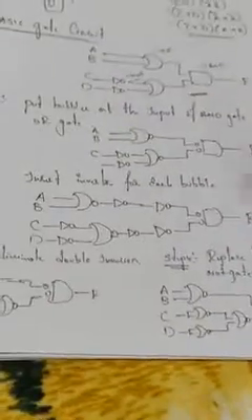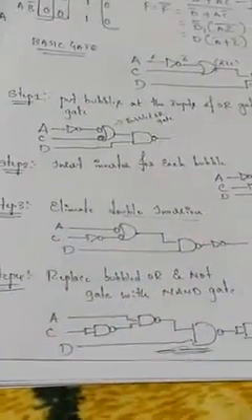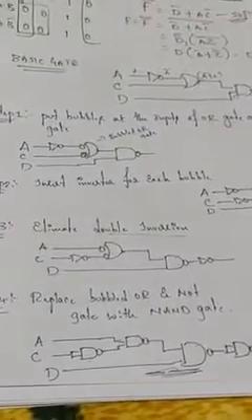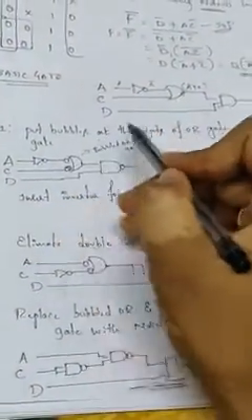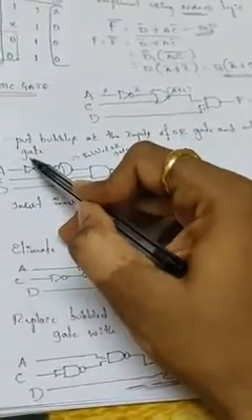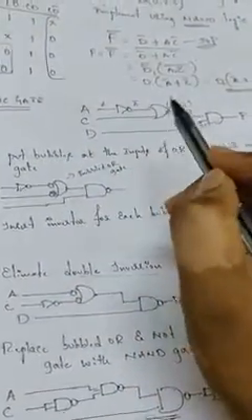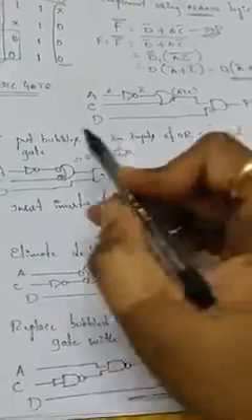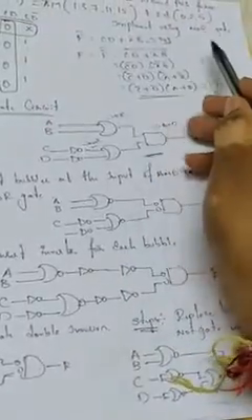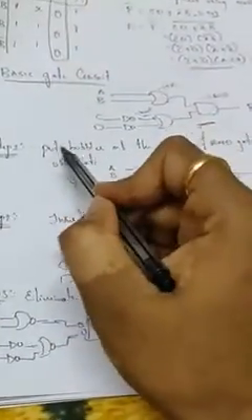Okay. So what is the first step? In the previous problem, when they asked to implement using a NAND gate, the first step was to put the bubbles at the inputs of the OR gate and the output of the AND gate. But here they have asked to implement using NOR gate, so a slight change.